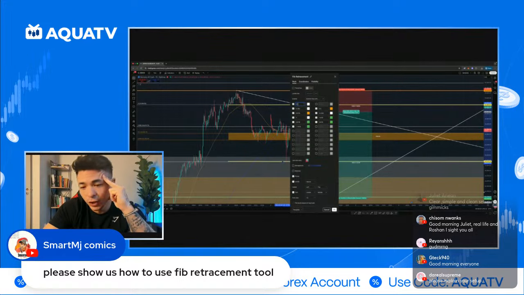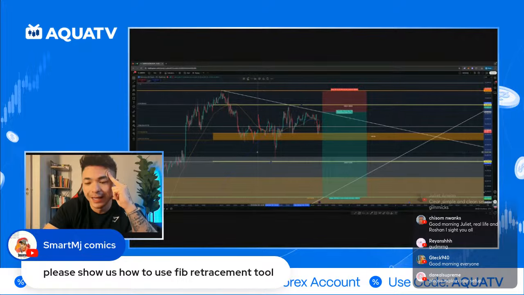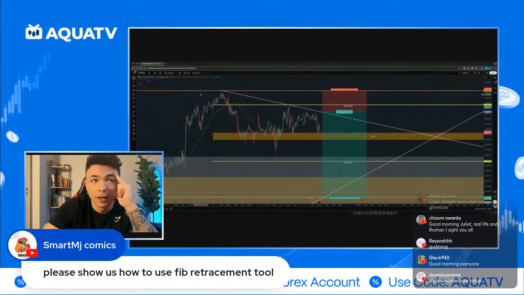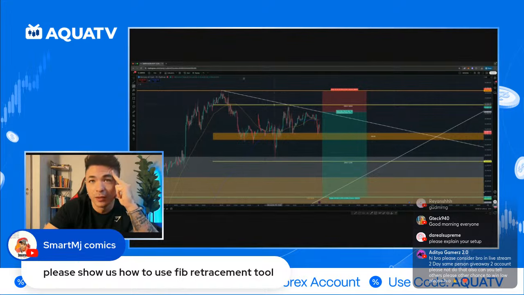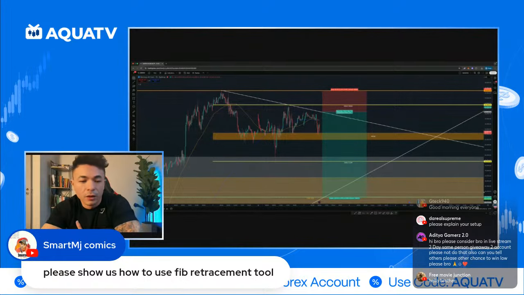You can take a screenshot, take a picture with your phone, or after the stream, rewatch the video and adjust these settings. This is essentially how I lay out my Fibonacci levels. That's if we're bearish. Now, if you're bullish, it's exactly the same, just opposite. You just take it from the top to the bottom. My ranges that I usually work with are the daily highs, daily lows, weekly highs, weekly lows. Whenever I draw my fibs, it's based off those key levels, not a higher low and a higher high.